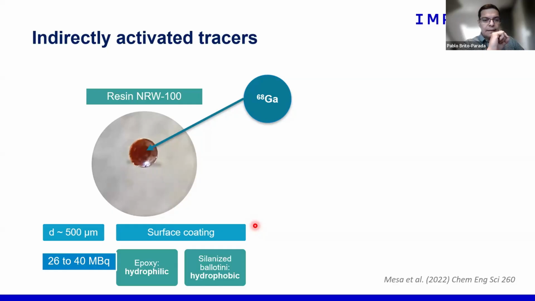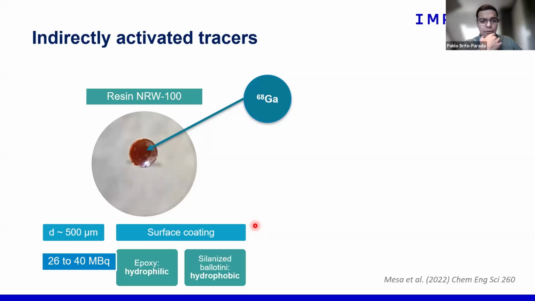The technique here is to use a resin and gallium-68 to develop the tracer for PET. One of the aspects to consider when we do this is that we start with the resin, and then we need to consider how to make it a representative particle for hydrophobic or hydrophilic minerals.